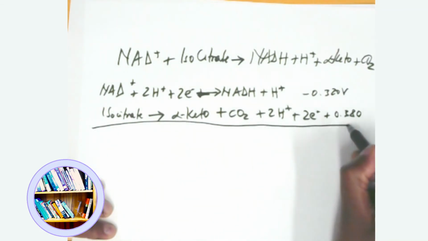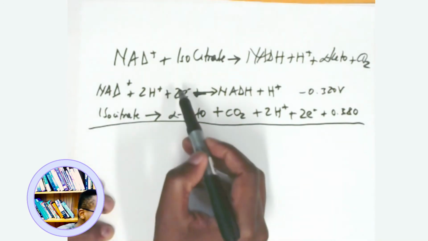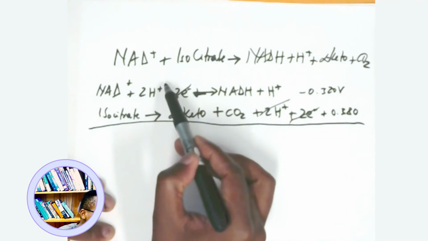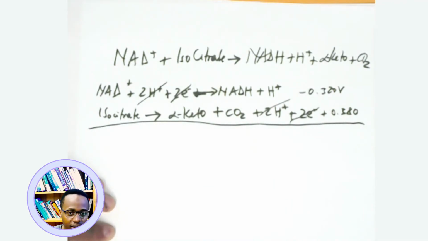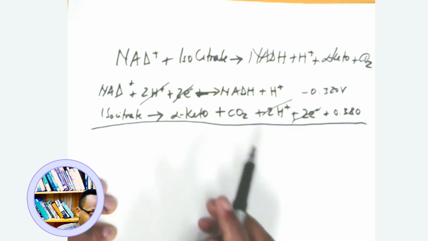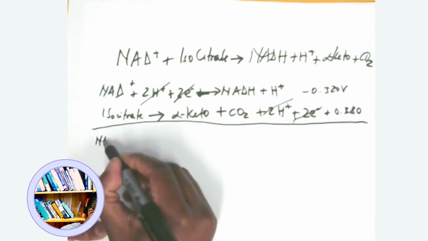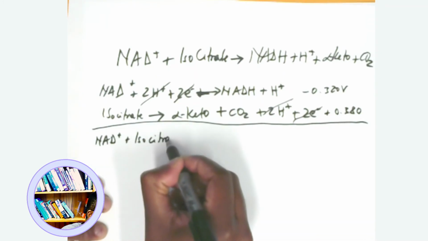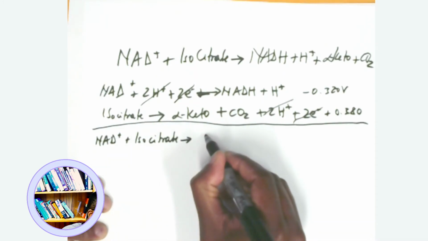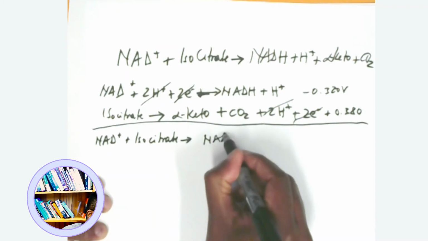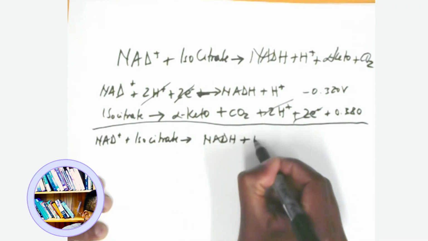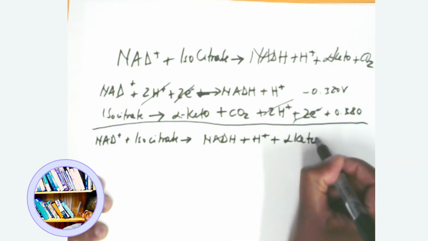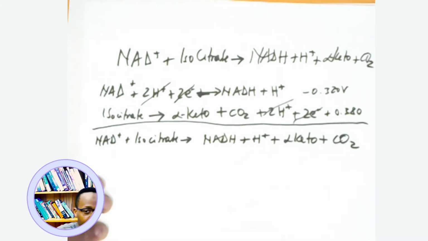And again, the total, if you can see, these 2 electrons will cancel with 2 electrons. This 2H plus will cancel with these 2H plus. And the total will be just like it's written up here, where it's NAD plus isocitrate becomes NADH plus H plus alpha keto plus CO2.